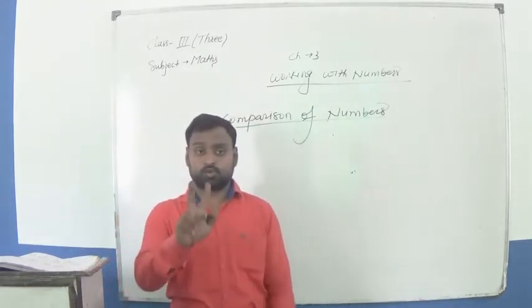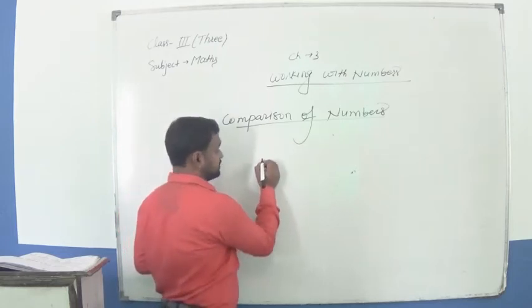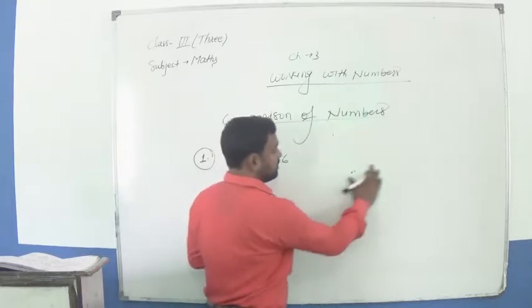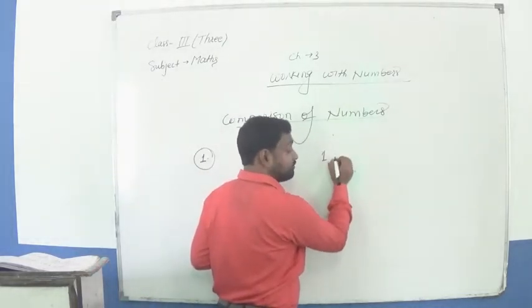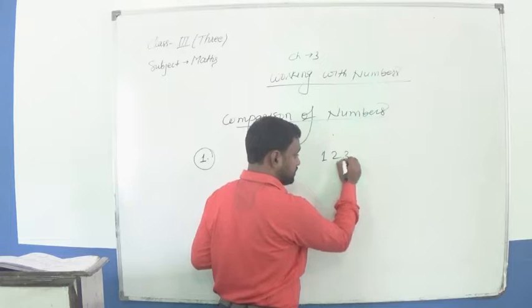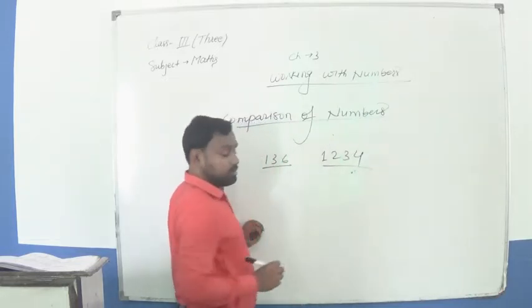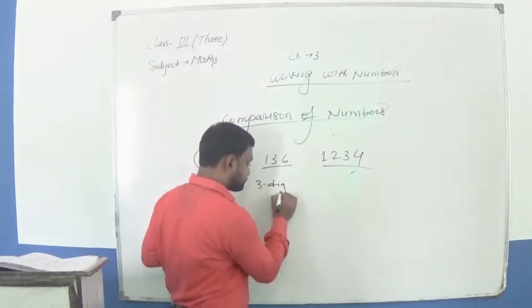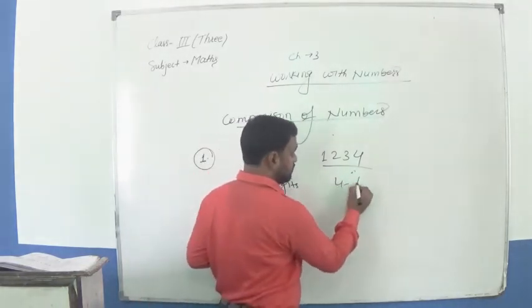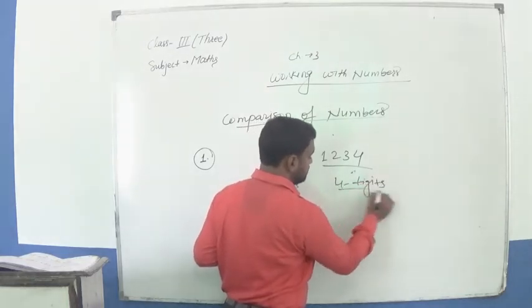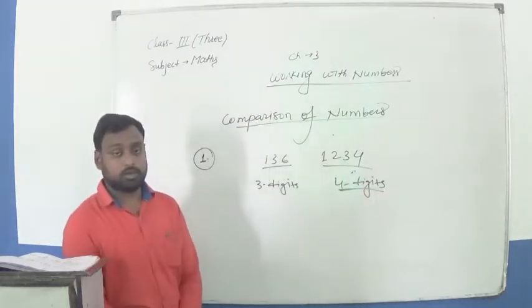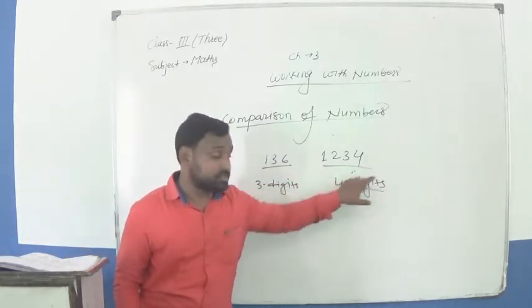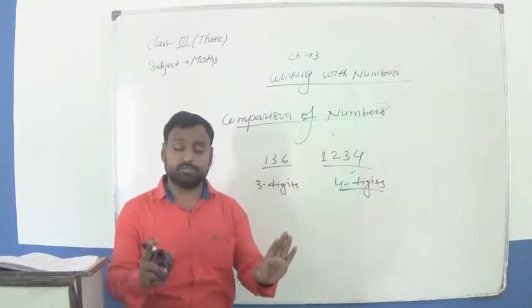Suppose you are given two numbers, one of 3 digits, 136, and one number of 4 digits, 1234.